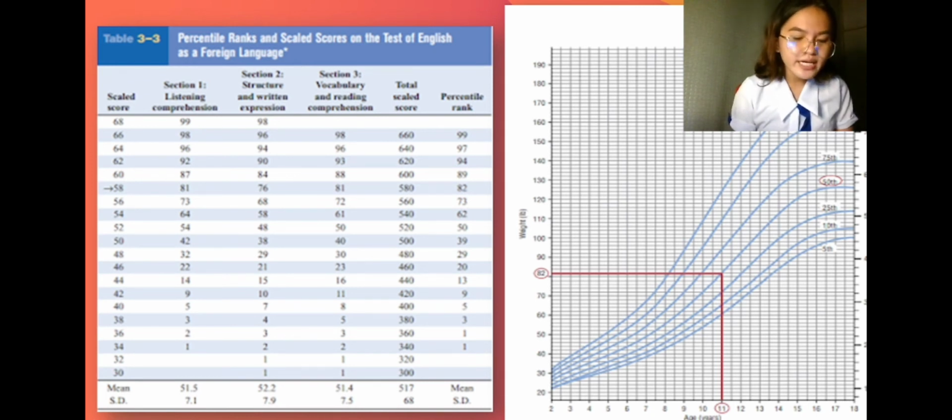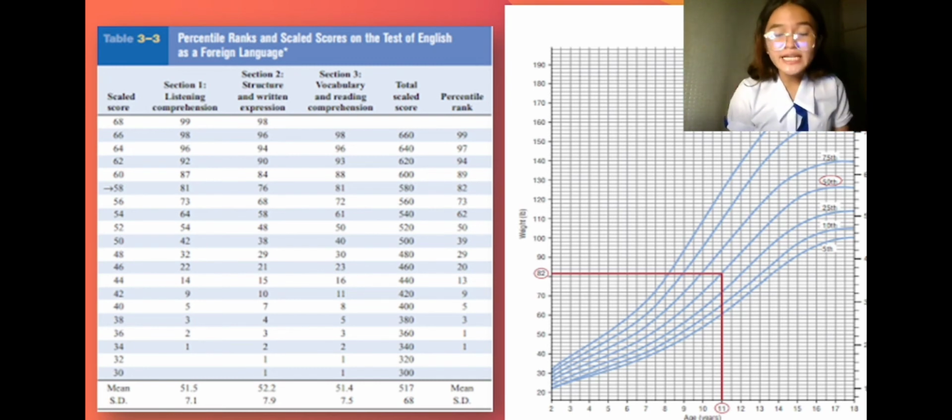If a student had a skill score of 58 for section 1, which is the listening comprehension, the student would have a percentile of 81. Hence the student did better than 81% of the students who took section 1 of the exam.